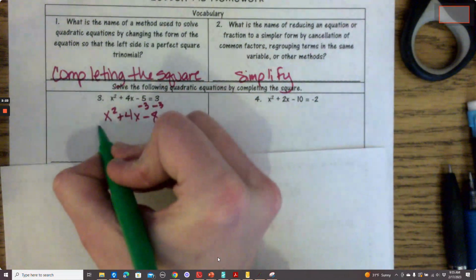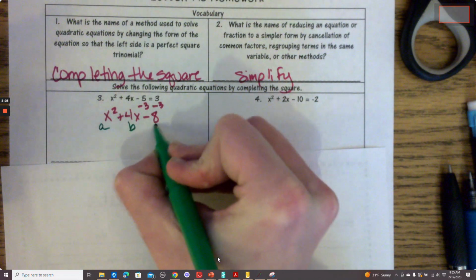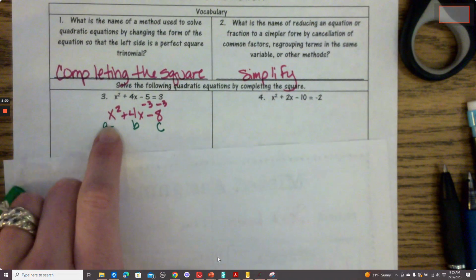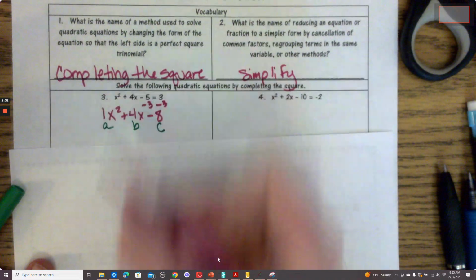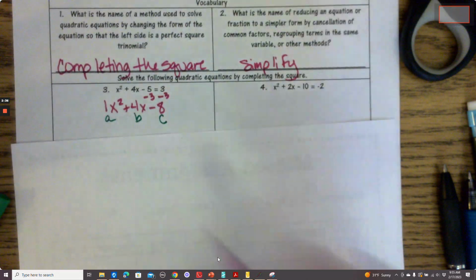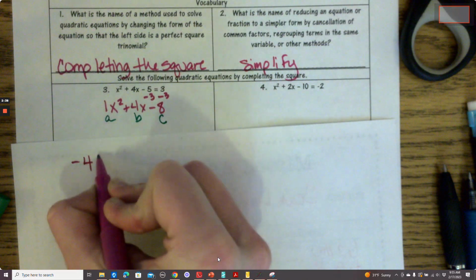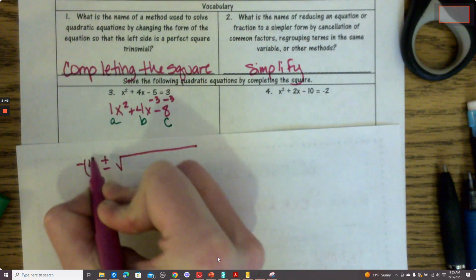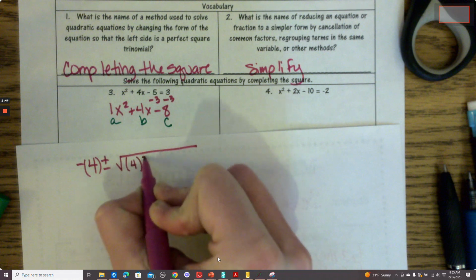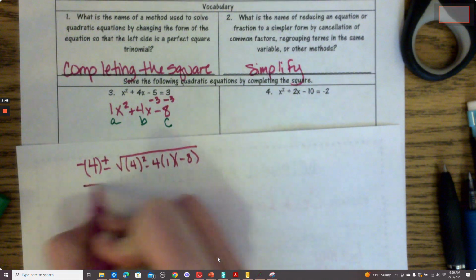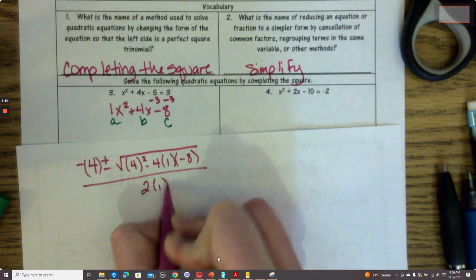Okay? So at this point, since it is not a perfect square, I'm just going to do quadratic formula on it. So this is A, this is B, this is C. So what is our A value when there's not a number there? 1. Not X. X is never an A, B, or C. It's always got to be a number. All right, so -B plus or minus the square root of B squared minus 4 times A times C, divided by 2A.